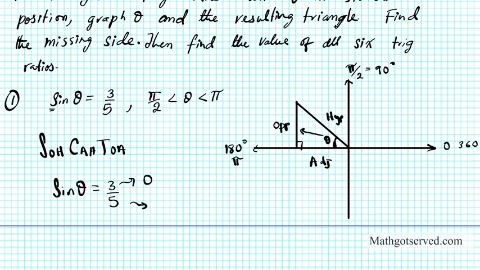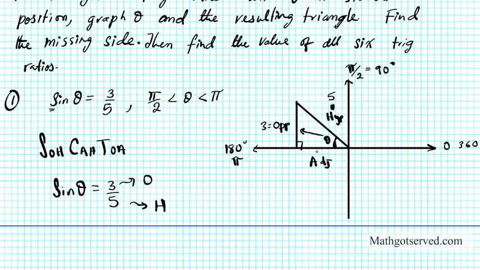All right, so now with that in mind, let's insert the measures into our triangle. Since the opposite is 3, this side right here is going to be 3. And then the hypotenuse is 5.